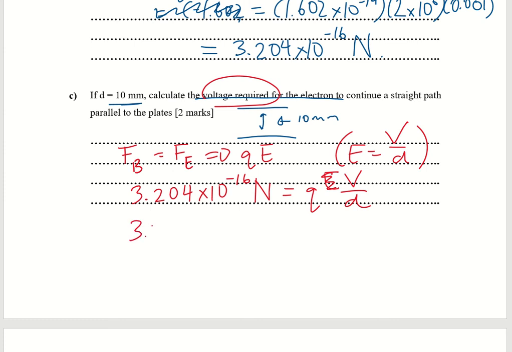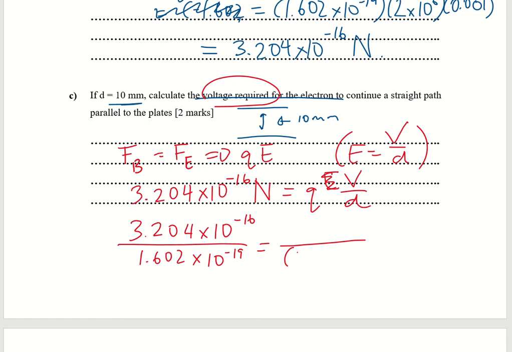So 3.204 times 10 to the power of 16 divided by the charge of the electron. Again, we're only looking at magnitude here. So 19 equals our distance, which is 10 times 10 to the minus 3 because it's 10 millimeters, and then voltage. So in order to get rid of this, I times both sides by that number there.